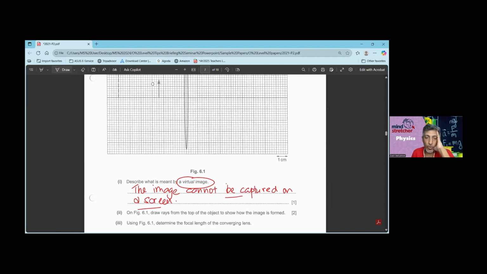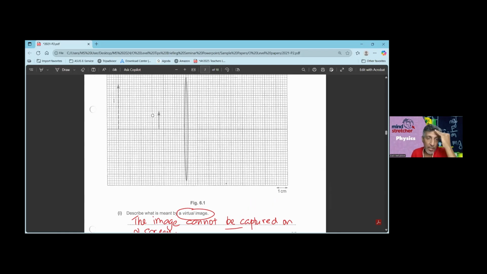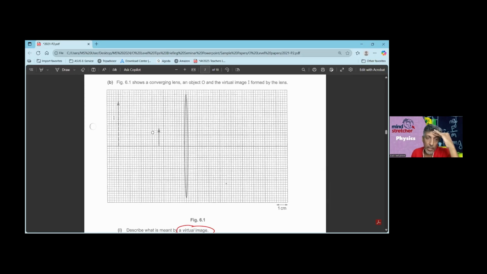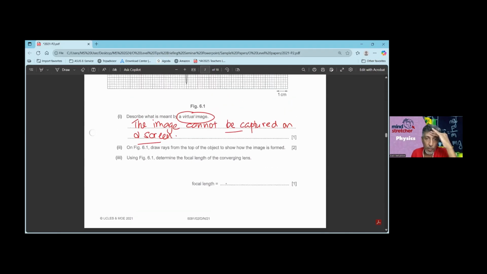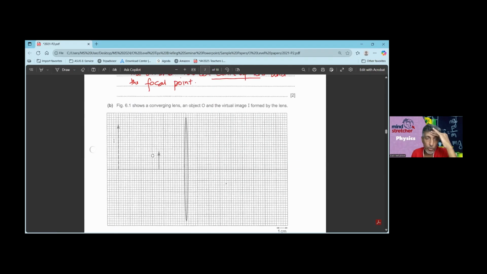Now they said draw rays from the top of the object to show how the image is formed. Now, guys, we don't know exactly where they want you to draw rays from. One thing you know for sure is that there are standard rays to draw. Okay, we are going to use the standard rays.